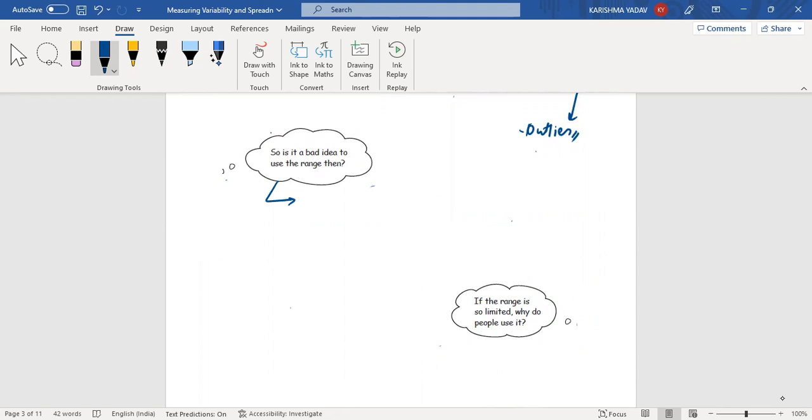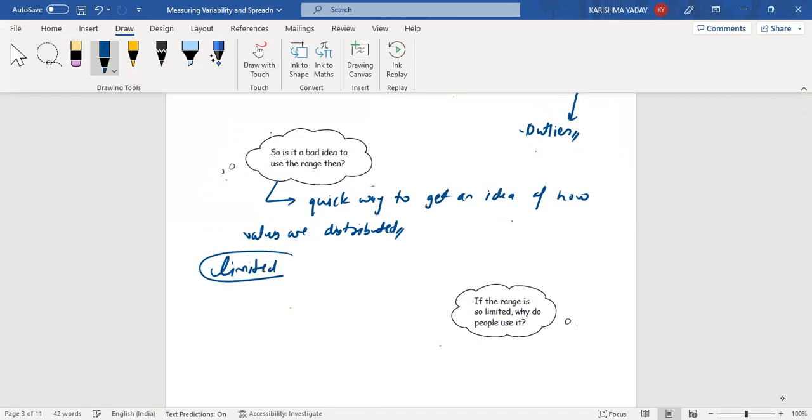The answer is that the range is a great and very quick way to get an idea of how values are distributed. But as we know, everything has its limitations, so the range is a bit limited too.